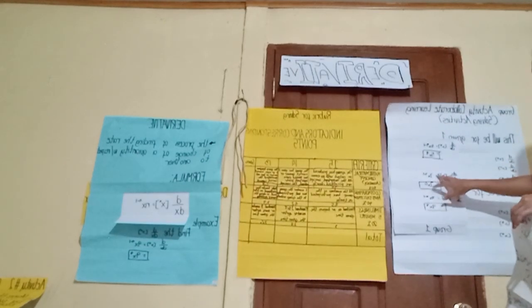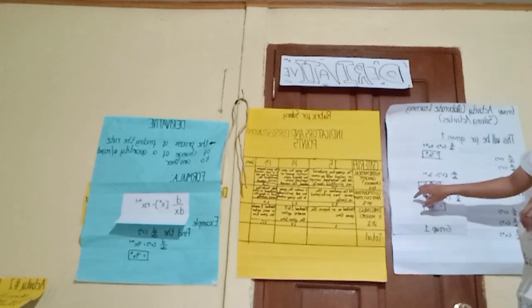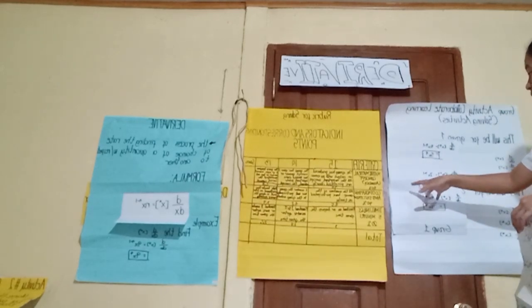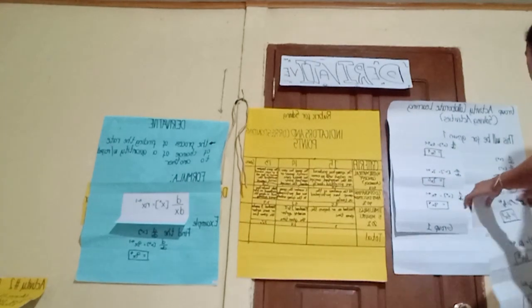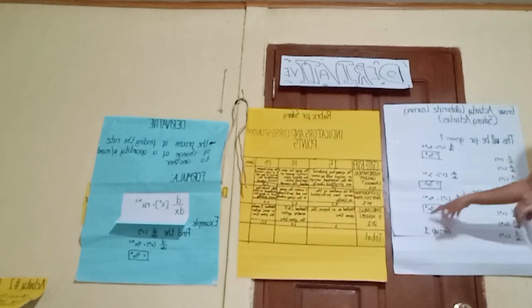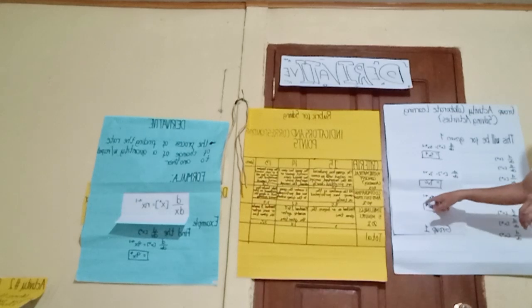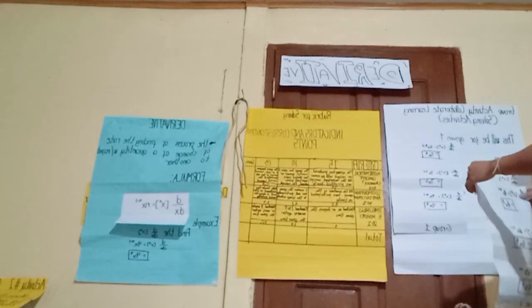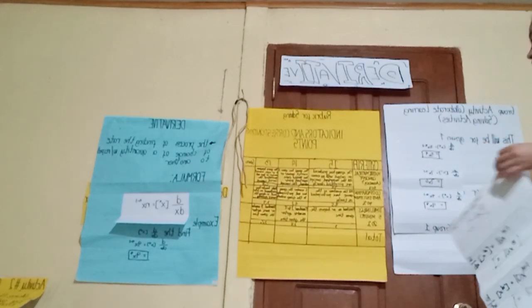So the answer to number 2 is correct. The answer is 7x to the 6. And d over dx of x to the 9 is 9x to the 8. So very good, group 1.